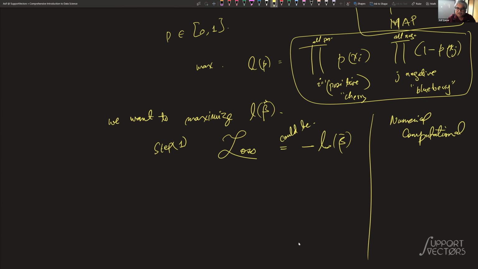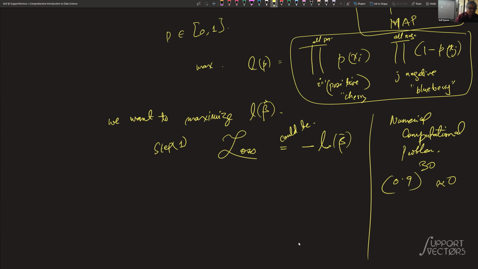This is not mathematical, it's the nature of machines. Even if you take 0.9 and multiply it to the power 30, let's say you have 30 data points, you will soon realize that this will be approximately 0. Computers can't deal with numbers which become too small.